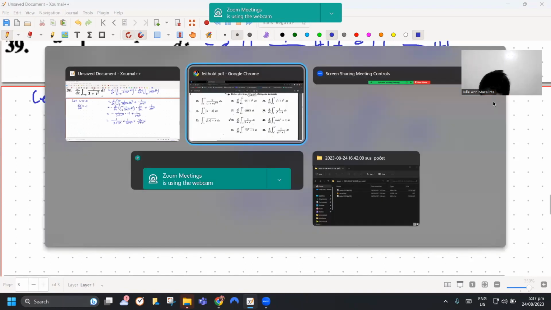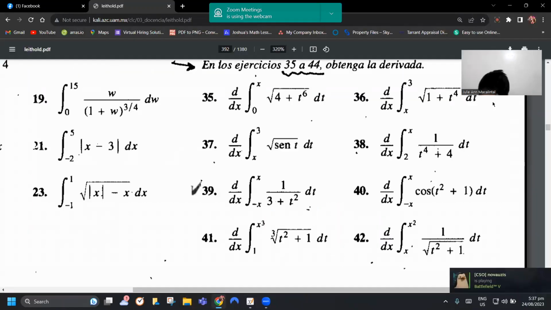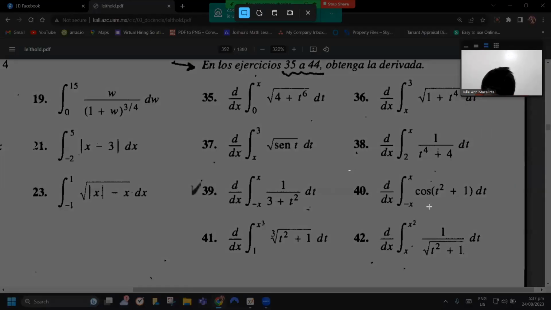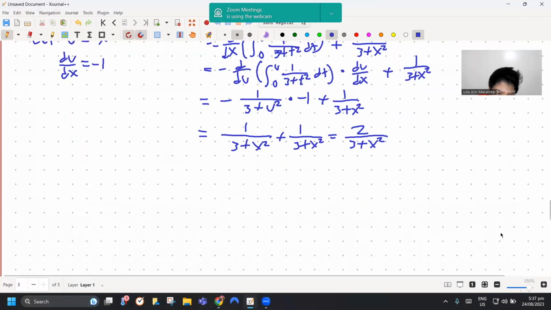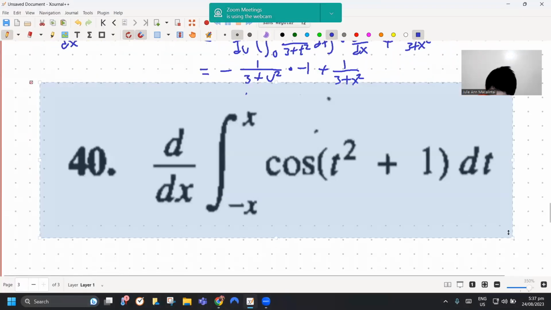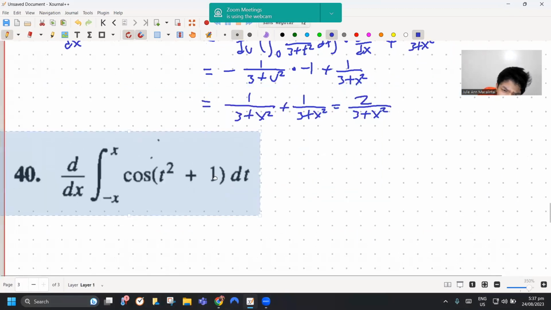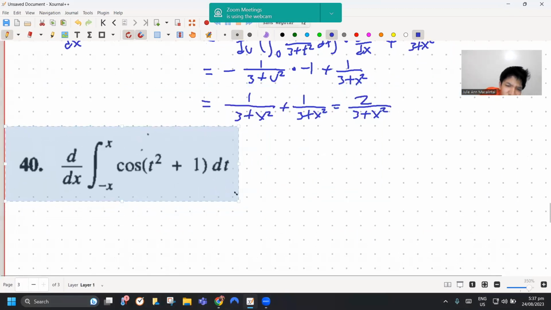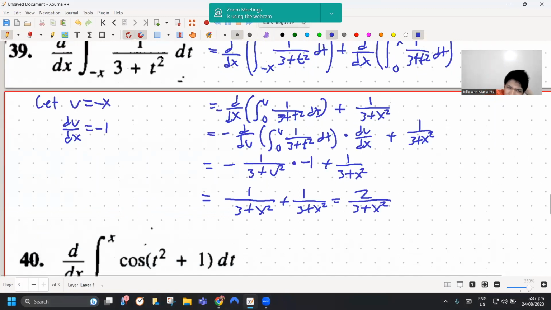O, sige. Yung next, yung number 40. So it's like the same, but the same.